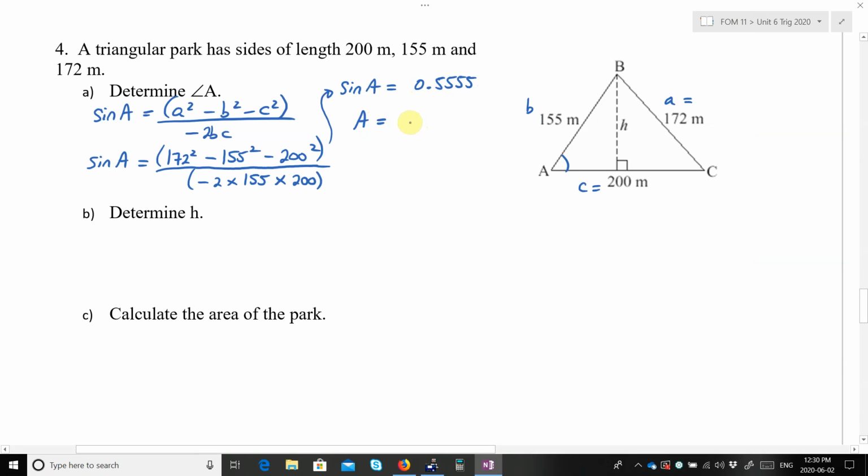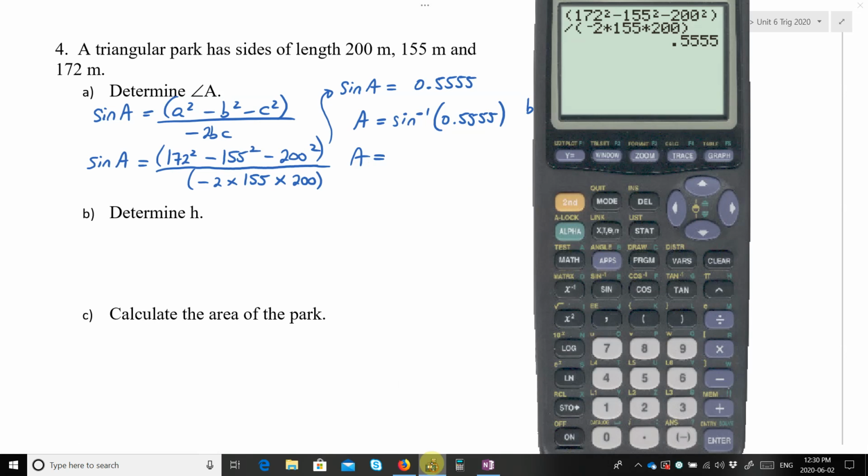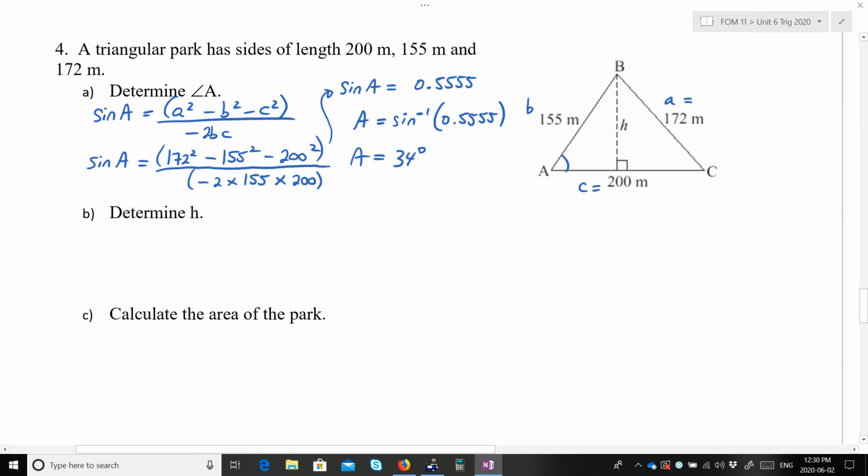Awesome, so angle A is sine inverse of that, and we get 34 degrees. So angle A is 34 degrees.